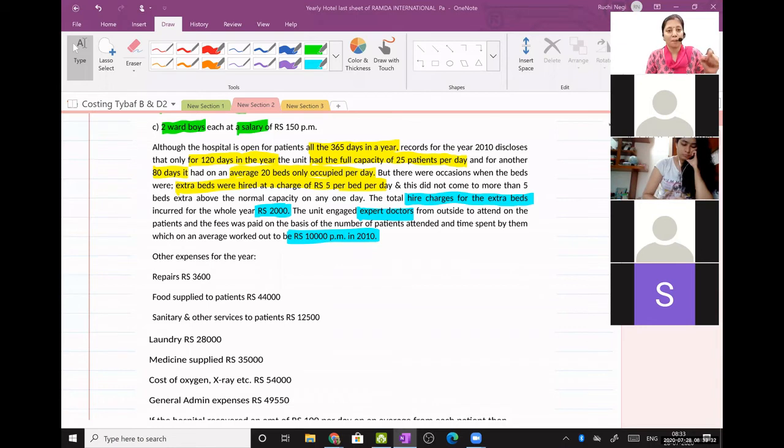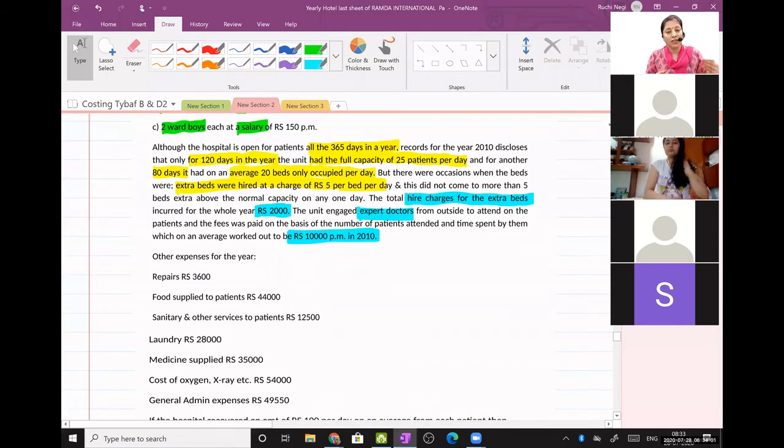So repairs and maintenance of the hospital. In the very first line of the question, what have they said? They have hired a building for rupees 5,000 per month, and along with that, repairs and maintenance charges are also paid. So it is the repairs and maintenance charge of the building which you have taken on rent. Say for example, Mr. X is staying in a rental flat, the rent of that flat is say 25,000 a month.